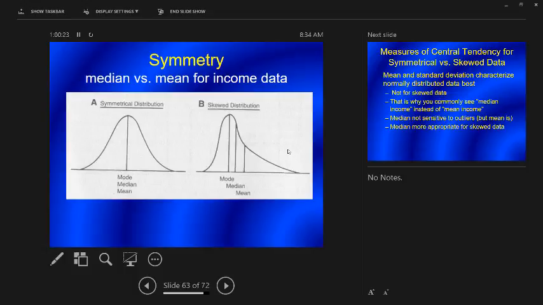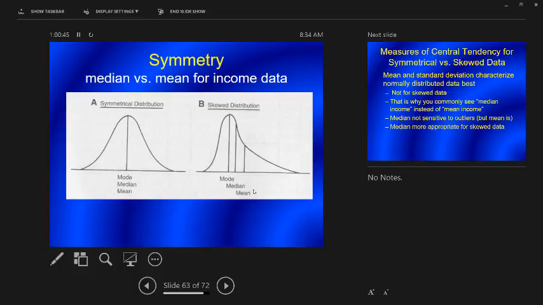So income is typically a highly right skewed distribution, and if somebody's making $47 million, that is going to pull the mean up a lot. But it's only one person, so it doesn't really change the median much. The middle, remember, if I rank them from lowest to highest, the median is not very sensitive to outliers, whereas the mean is very sensitive to outliers.